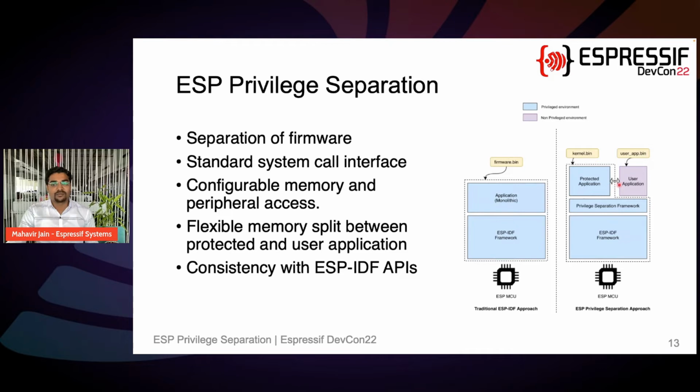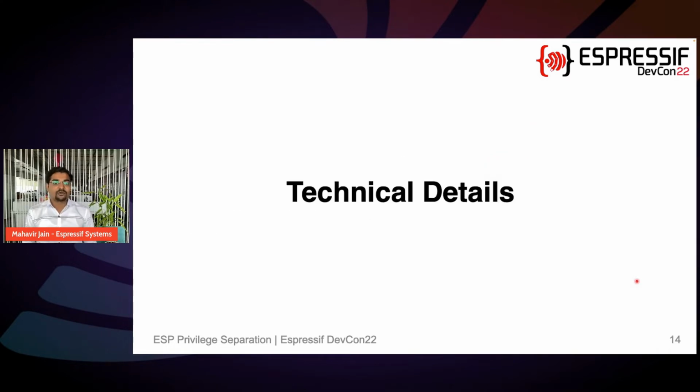And there is a secure communication channel between these two entities in the form of a system call. So with this introduction, now we will move into the technical details section. I will hand over to my colleague Sachin Parekh, who is working as a senior software engineer with Espressif Systems. Over to you, Sachin.